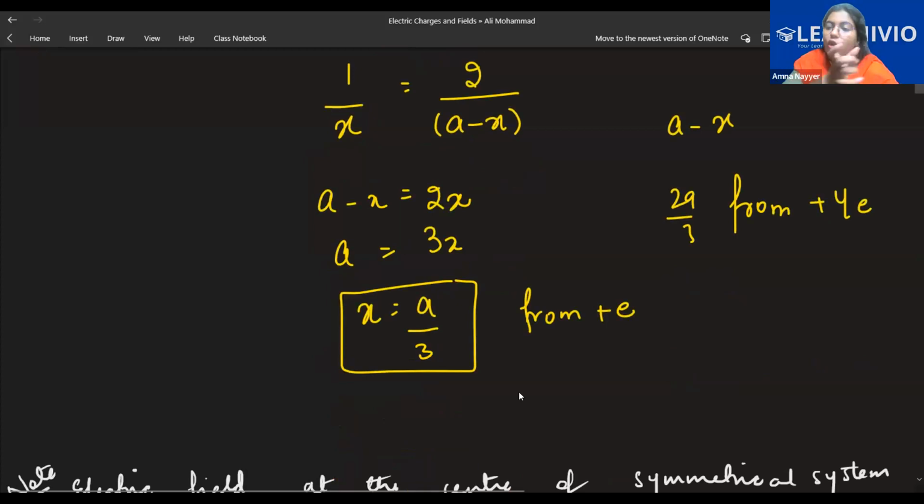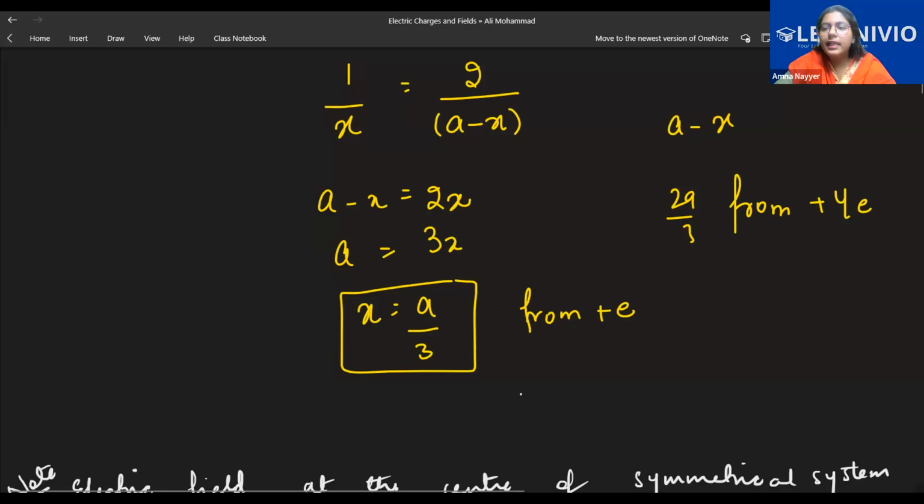So A by 3 is from E. You will see from which charge the question is asking. If it's from plus E, you will write this. If it's from plus 4E, you will write 2A by 3 by using A minus X. It depends on the question, but if the question hasn't mentioned anything, then directly use any one of them and write it yourself, from plus E or from plus 4E, whatever you want.